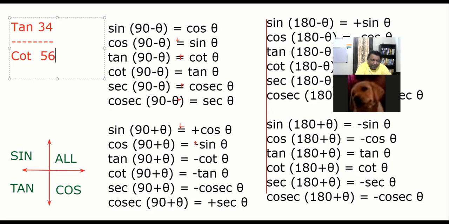So tan 34 by cot 56. What do we do here now? Again, we convert either tan into cot or cot into tan, whichever way. If you convert tan 34 using cot of 90 minus theta, this becomes cot of 56. So the answer is again 1, correct?